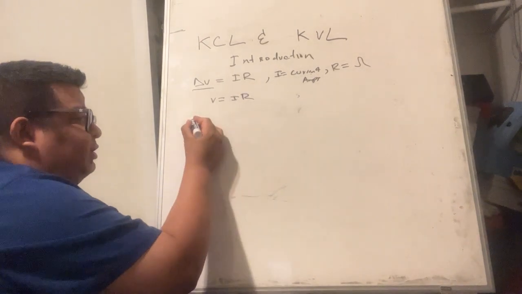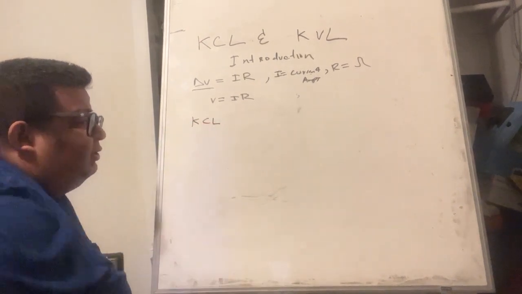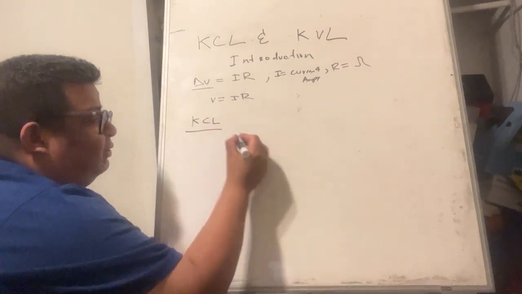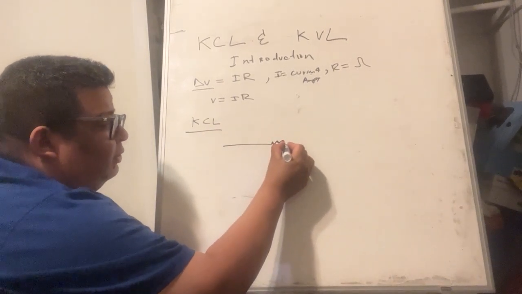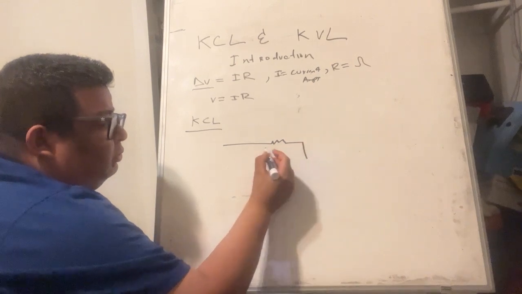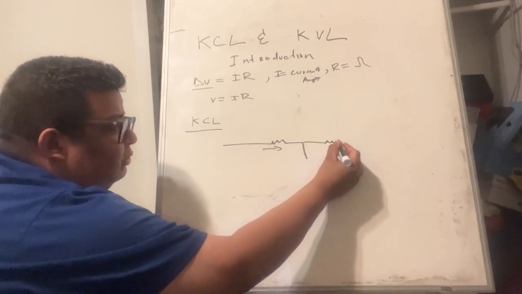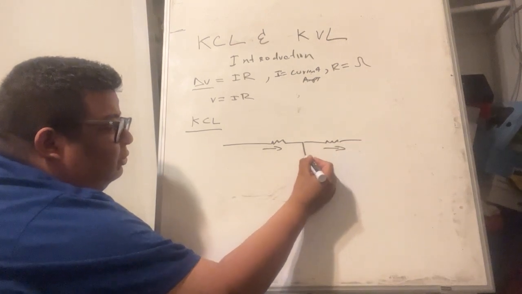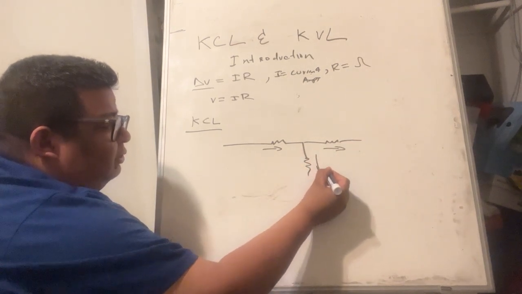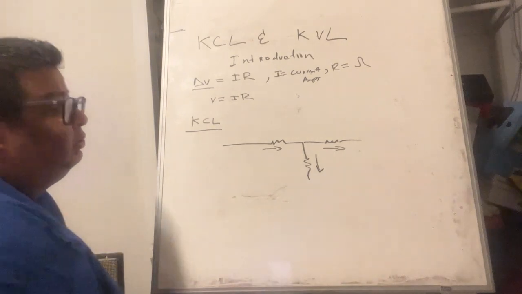What KCL is saying is that, let's say you have one wire with current going in, another going out, and a third going out, down.